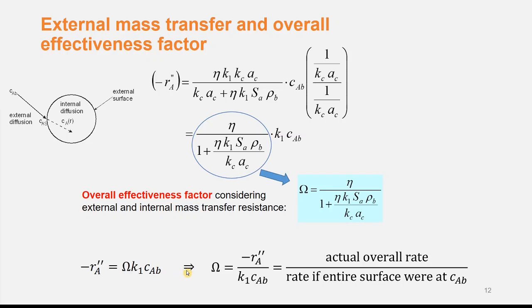If we rearrange this, we get omega equal to the rate of the reaction, negative R_A double prime, divided by k1 times C_AB, or the actual observed overall rate divided by the rate if the entire surface of the catalyst were exposed to the bulk concentration, C_AB. That is, if there were neither internal nor external resistances.